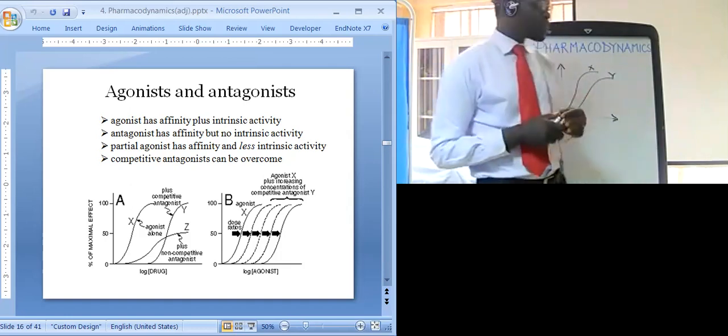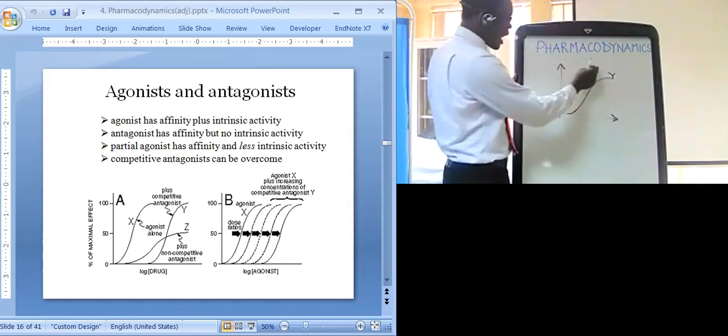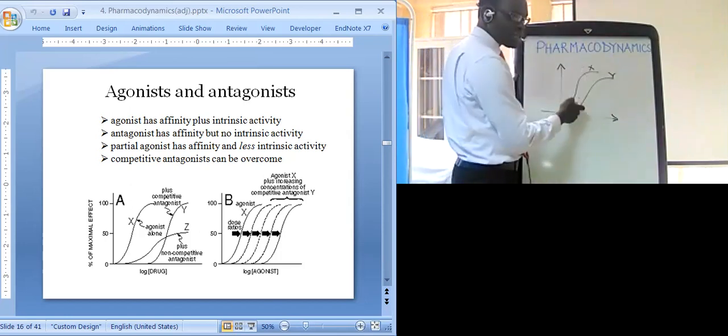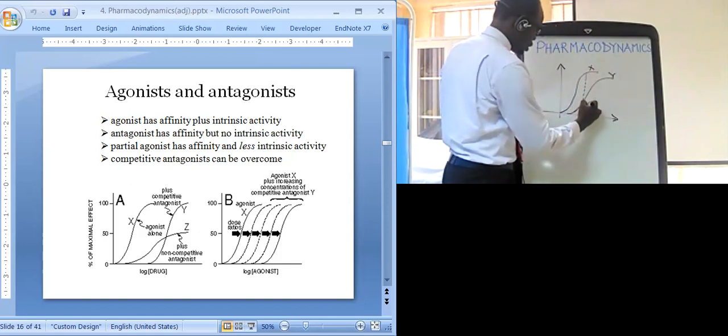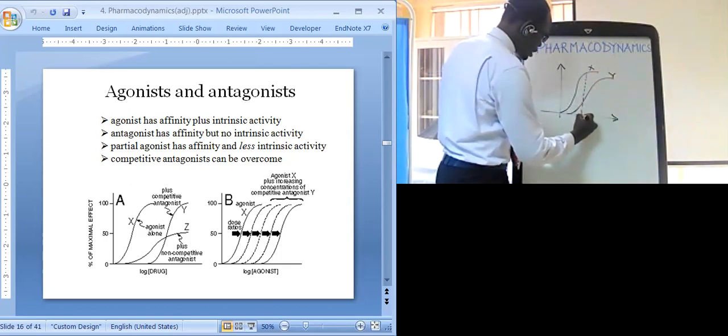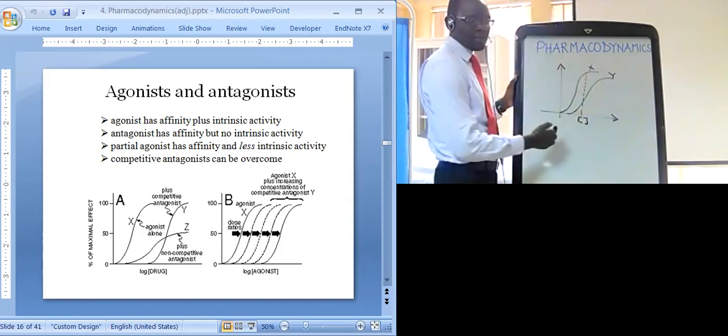So imagine X was our initial agonist that was given, and it creates a maximum response. This is the concentration of the drug that is given for it to create a maximum response here.